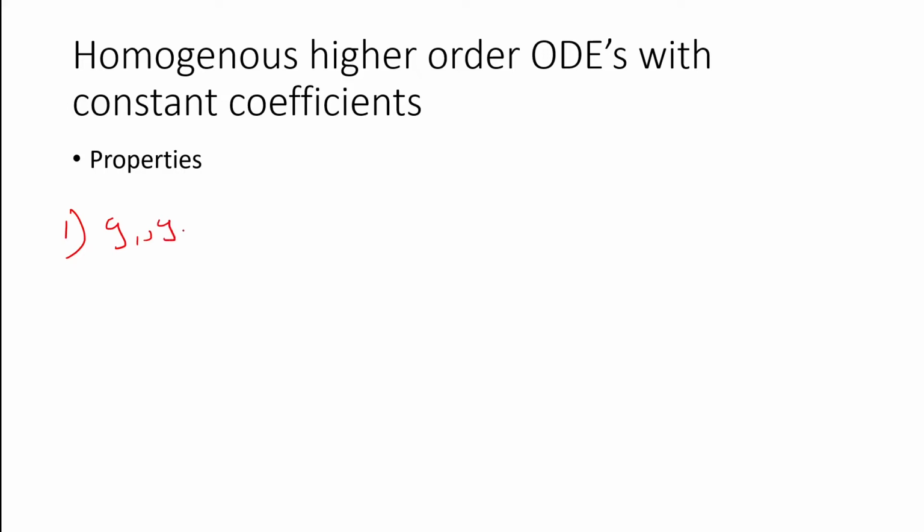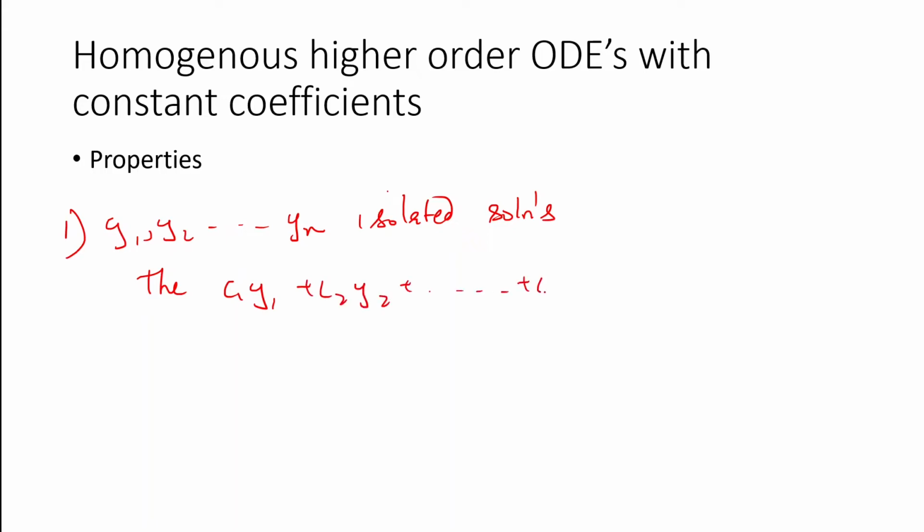If we have y1, y2 up till yn as isolated solutions, then c1 y1 plus c2 y2 up to cn yn is the general solution.